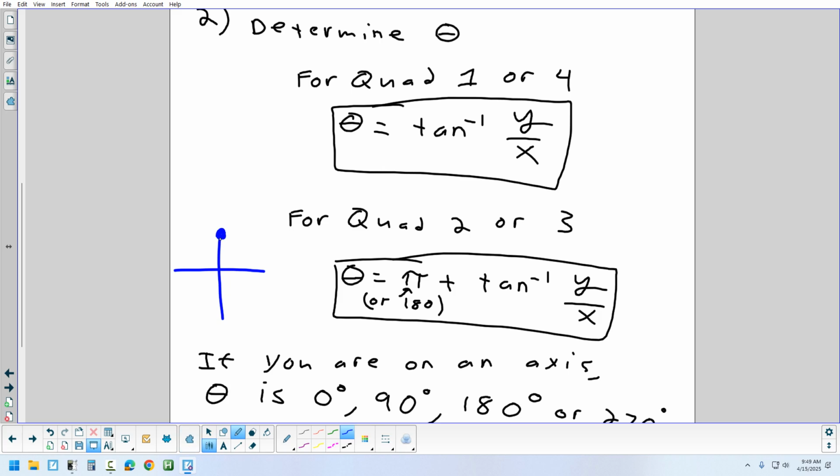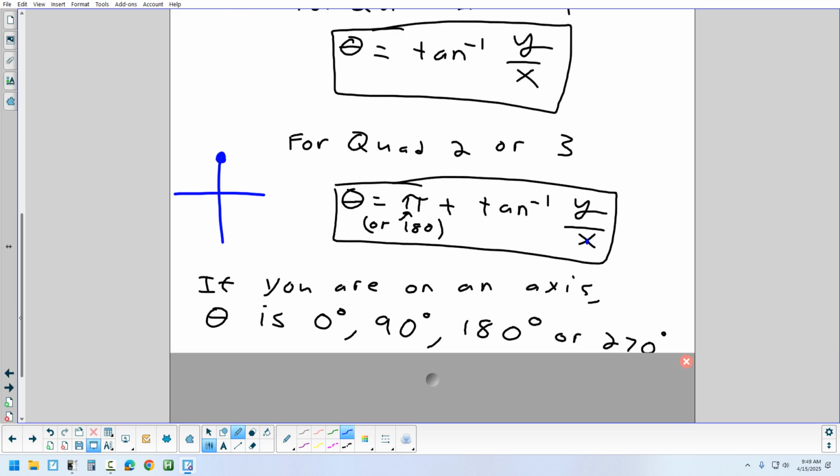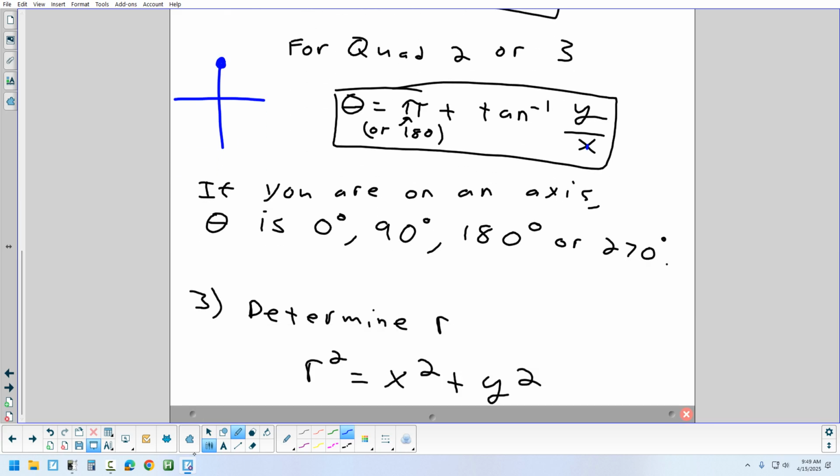You can't plug an x value of 0 into that formula, you'd be dividing by 0. Okay, so that covers everything we need to find our angle. And the radius is easier because it's just the Pythagorean theorem, and it's the same formula in every quadrant: x squared plus y squared equals r squared.